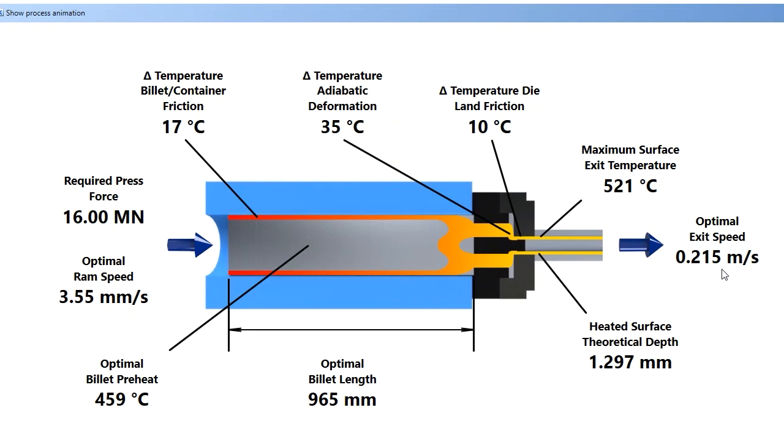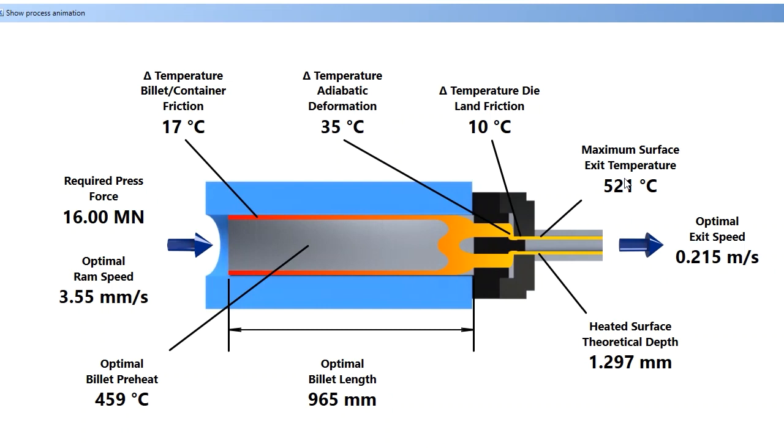Extruding under those conditions results in an exit temperature of about 521 degrees centigrade. And we can see that more than half of the temperature increase due to extrusion is due to the adiabatic deformation of material. About 35 degrees centigrade of that temperature increase is due to adiabatic deformation.